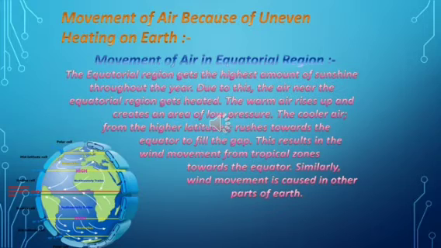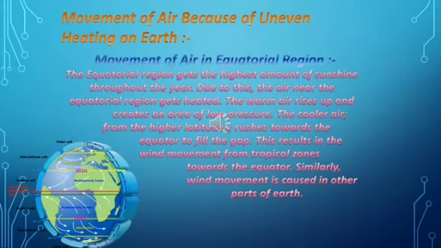The air near the equatorial region gets heated up. When the air gets heated up, the warm air will start rising up because it becomes lighter. It starts rising up, and as it rises up, it creates an area of low pressure below that air. So now what happens?